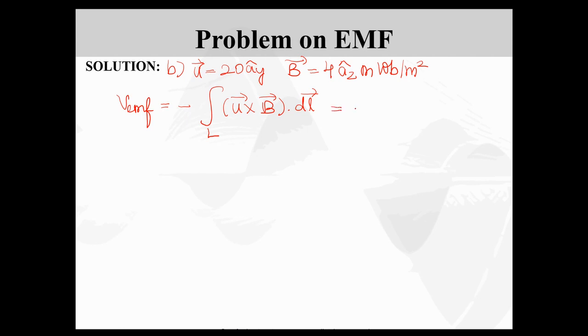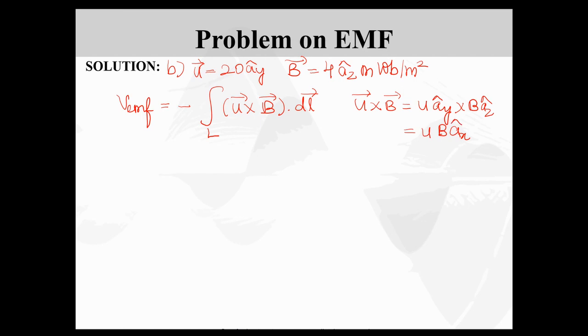So the minus of the integration, we need to find the integrand first. So let us try to do that. U cross B we need to find out, let us keep it in a generalized way. U is oriented along Y and B is oriented along Z. The cross product leads us to UB in the direction of AX.